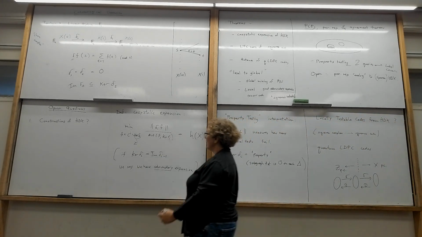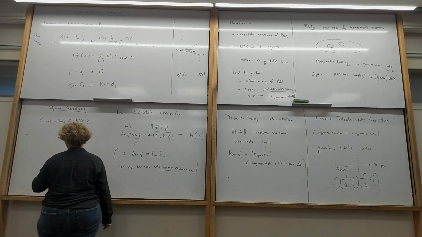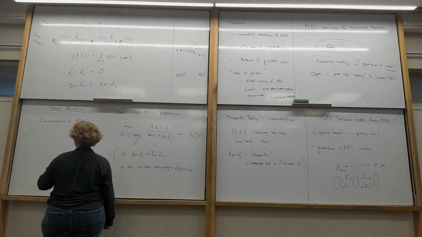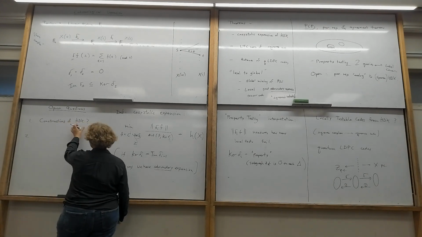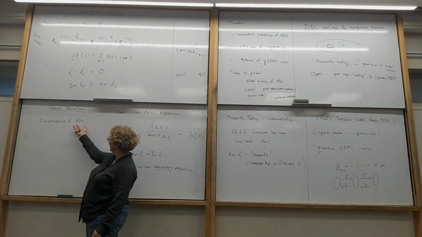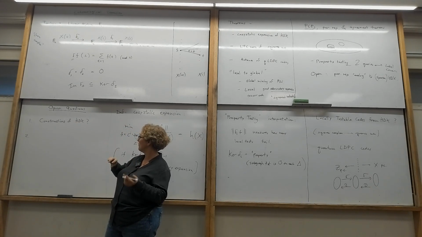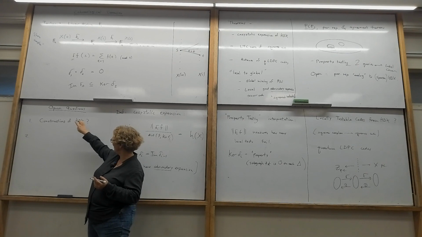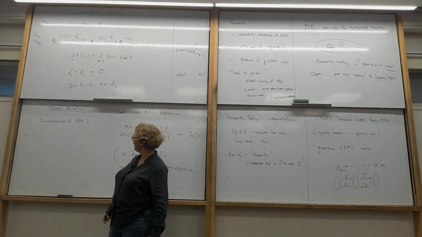Okay. Another question that I like is the following. An HDX is a simplicial complex that in many ways is sparse, but it behaves as if it's the complete complex. So it's a simplicial complex that behaves like it was complete.